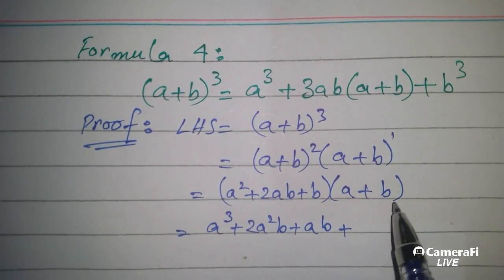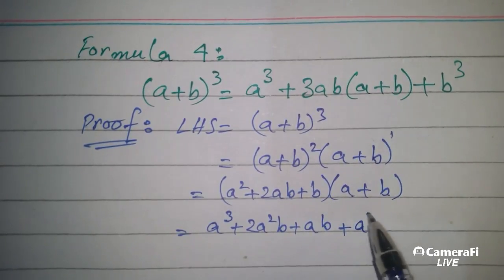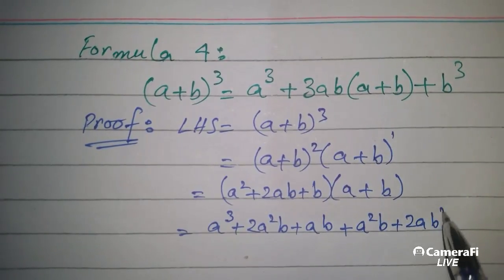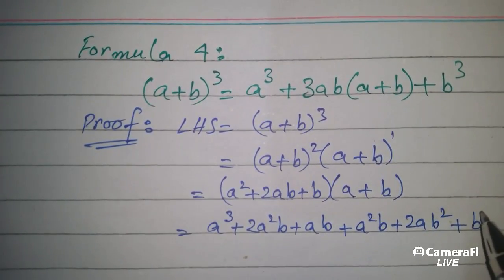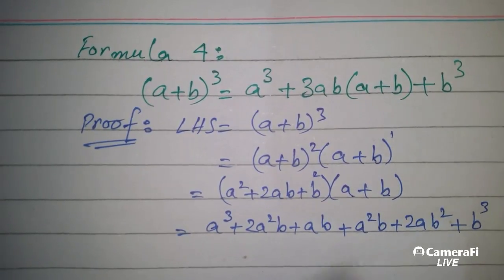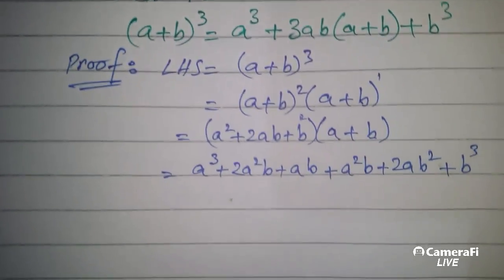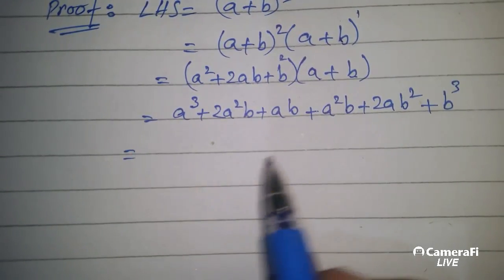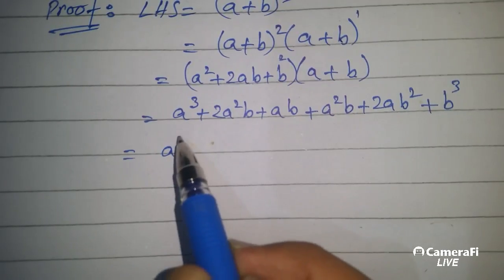When these 3 terms are multiplied by b, these become a square b plus 2ab square plus b cube. Just arranging the terms. A cube.